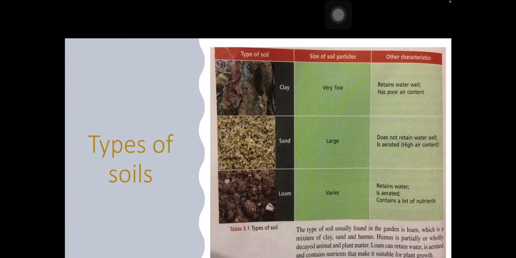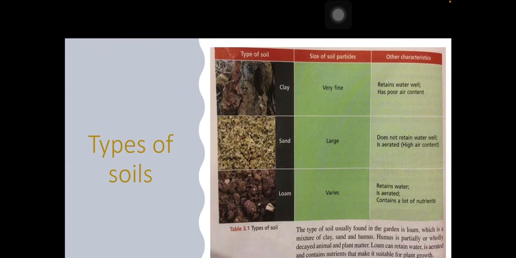It's written: it retains water well, has poor air content; does not retain water well, is aerated, meaning high air content; retains water, is aerated, contains a lot of nutrients. It means that clay soil retains water well, but it has poor air content, right?